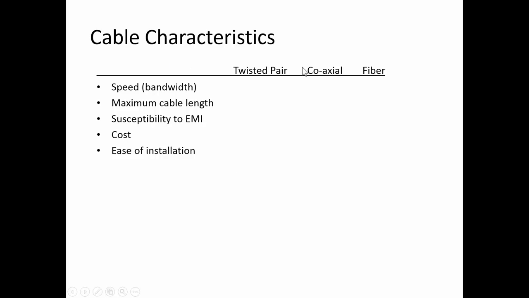If we compare fiber optic to coaxial to twisted pair, we will see that fiber optic has by far the greatest bandwidth and by far the greatest distance. It is totally insusceptible to electromagnetic interference, but it costs a lot more and it can be complicated and expensive to install. On the other end of the spectrum, you have twisted pair. It doesn't have the bandwidth of fiber optic, but it doesn't really need it because it's only connected to one individual workstation.